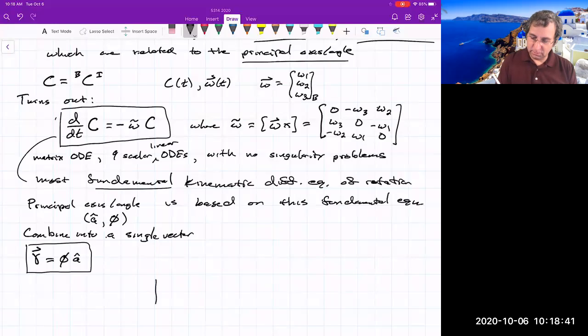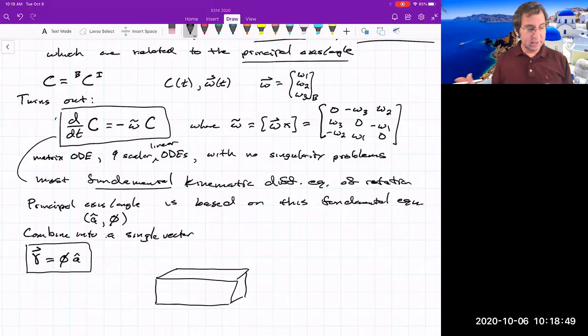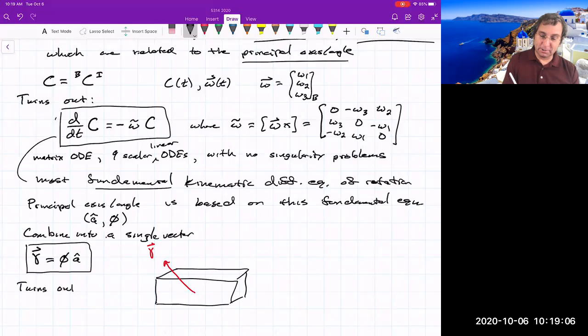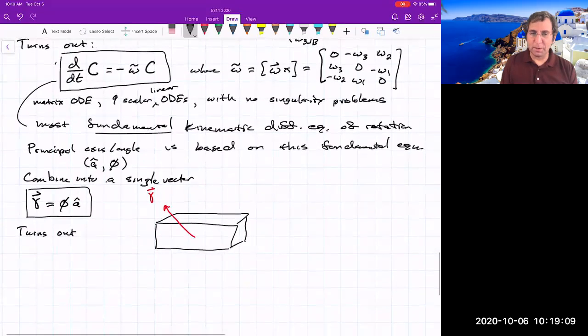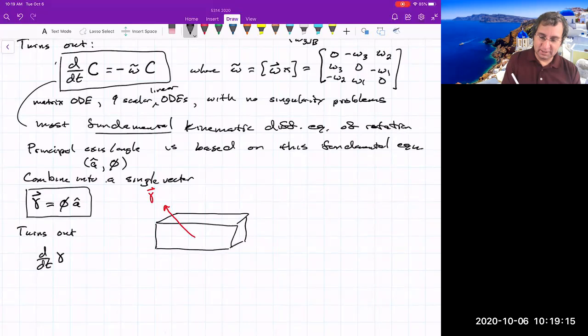And if we were to view what this signifies, here's a rigid body seen in its rigid body frame. And in its frame, we've got gamma. It's just some vector. And this vector evolves in time. So again, I'm going to just have to say turns out, because that would be another whole class. Turns out the time rate of change of this vector gamma equals the omega vector. So that's interesting.